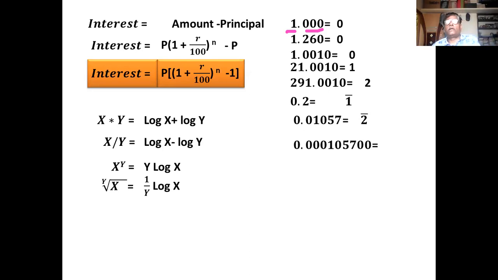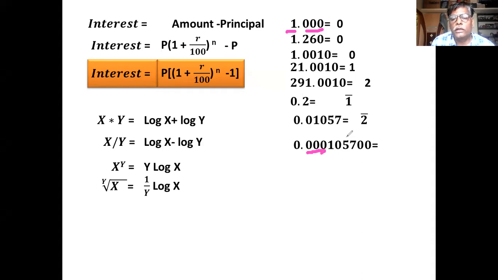Then what is the characteristic for this one? How many zeros are there continuously after the decimal point? 3 zeros are there. Here after the decimal point, 1, 2, 3 zeros are there.